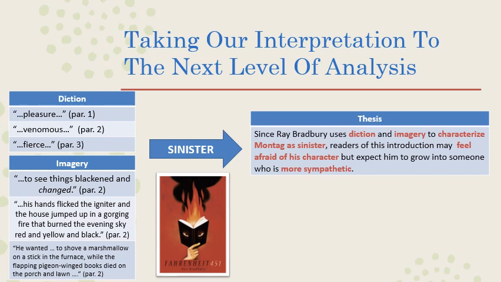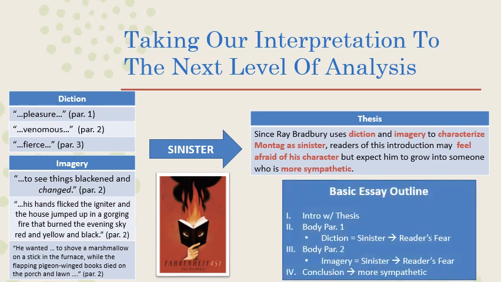So we may say, well, if he's starting off as sinister, maybe he's going to change into somebody who's less sinister or more sympathetic, that we like a little bit more. So that's my prediction. And if I wanted, I could write a whole essay on this. My essay would have an introduction, with my thesis at the bottom.